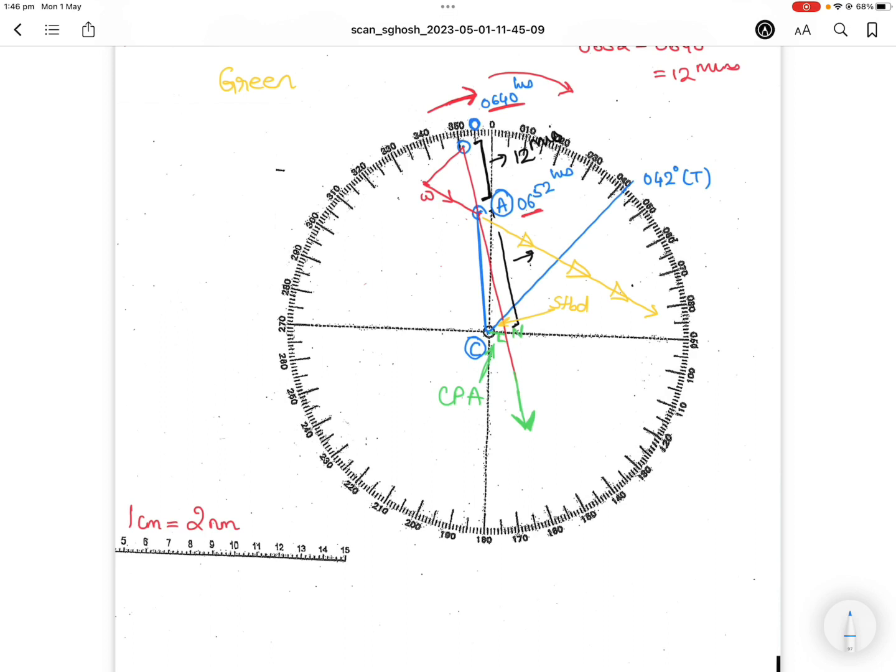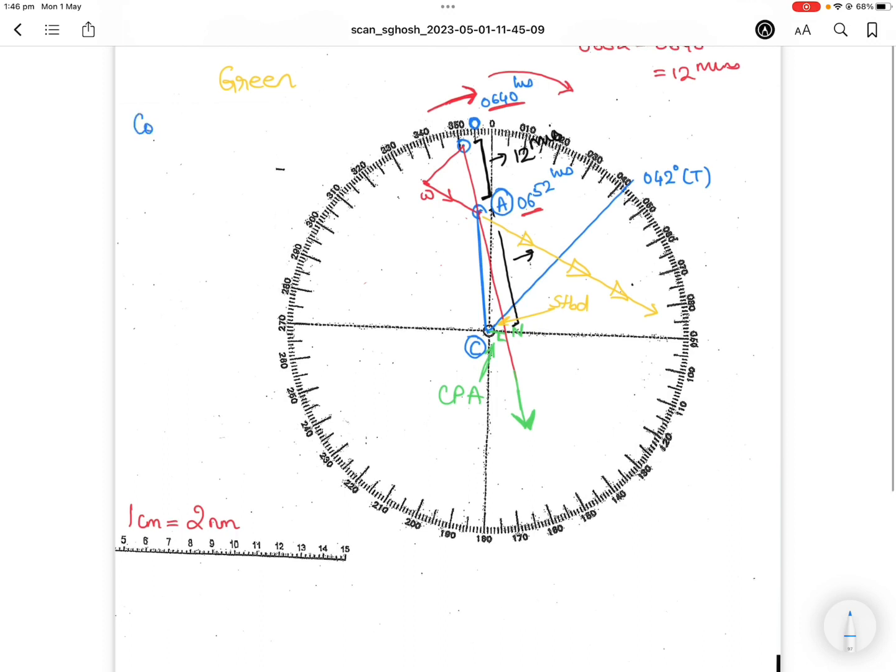If I measure out A to C, I'm getting about 176. So course A to C is 176 degrees true.